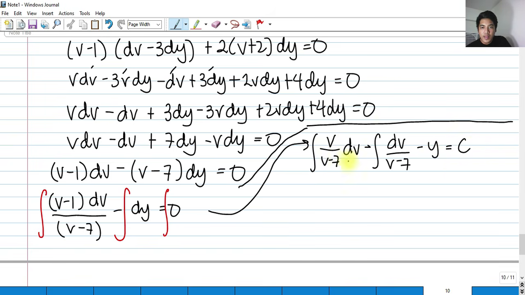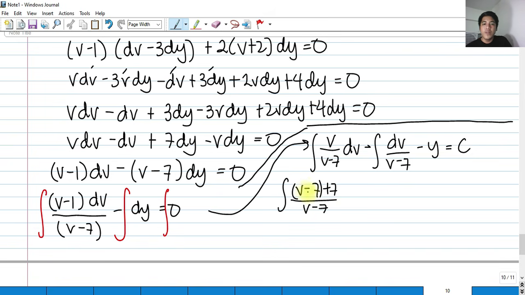So, how do we integrate this? To integrate this, we must make the numerator look like the denominator. So, I'm going to write this as v minus 7 plus 7 over v minus 7.